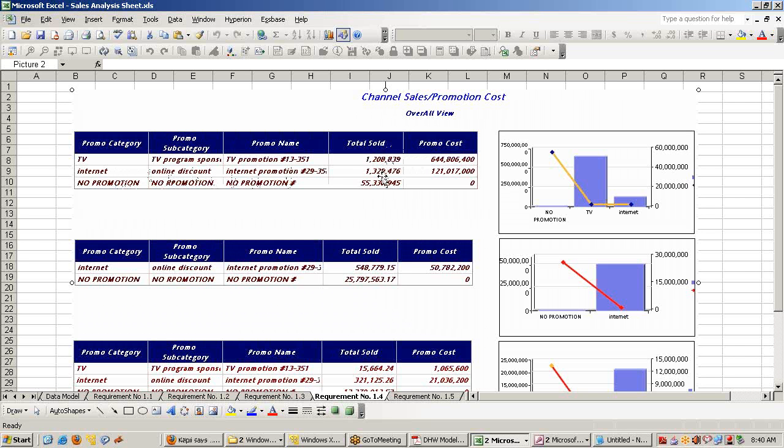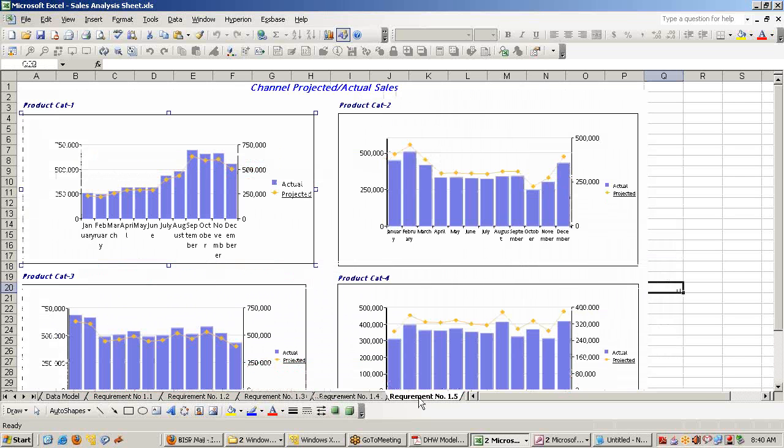Requirement 5, what information do you need? Projected versus actual sales. So forecast sales, the sales which the company has forecasted, maybe for 2013, next year we forecast some sales, and actual sales. So all the requirements essentially have facts associated with them.